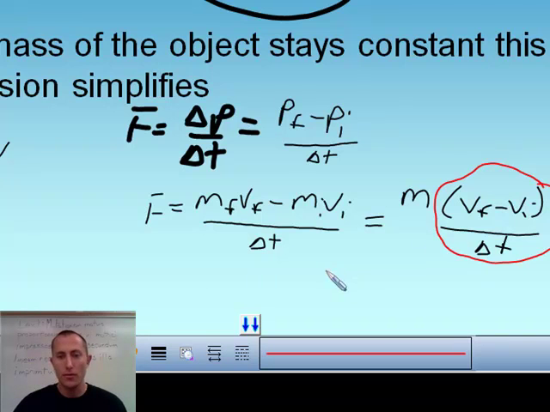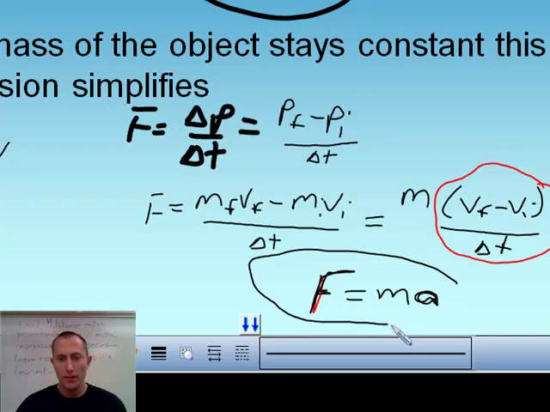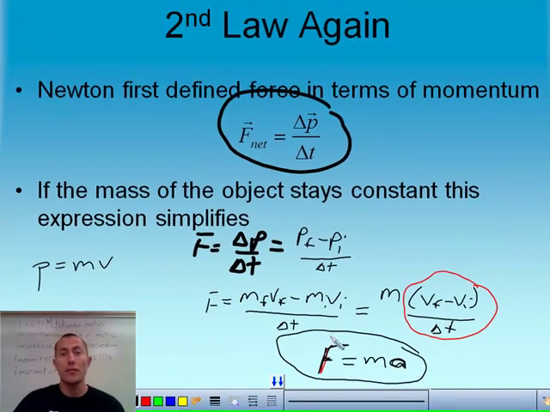And so from there we simply say that the force, the net force, is equal to the mass times the acceleration. And this is a derivation that you should know. Okay? And so that's where our current F equals ma comes from.